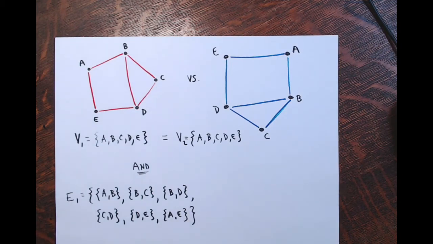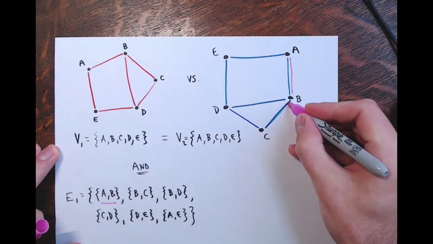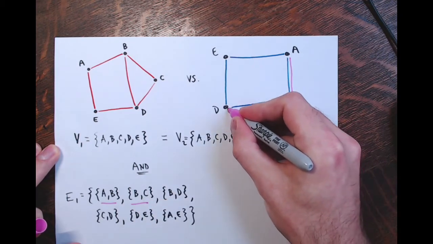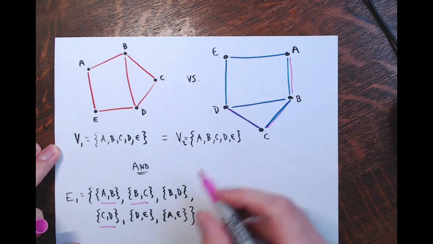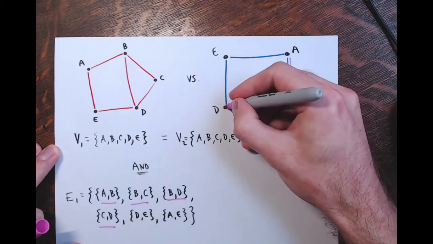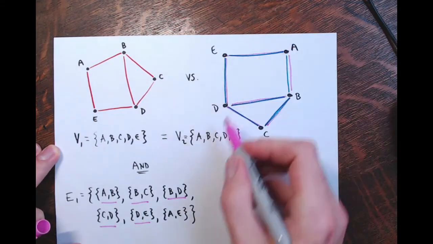And let me just go through this one here. There's A to B, A to B. B to C, B to C. C to D, C to D, B to D, B to D, D to E, D to E, and E to A or A to E there.